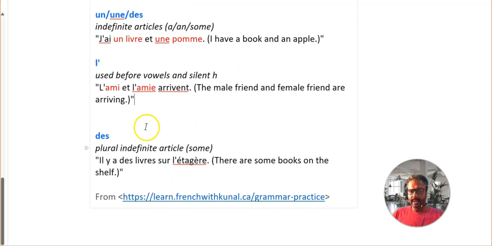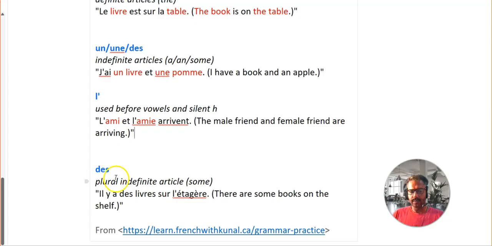Next comes des. That's the case of plural indefinite articles, like "some" in French. Il y a des livres sur l'étagère. Okay, so there are some books on the shelf. L'étagère is a bookshelf.